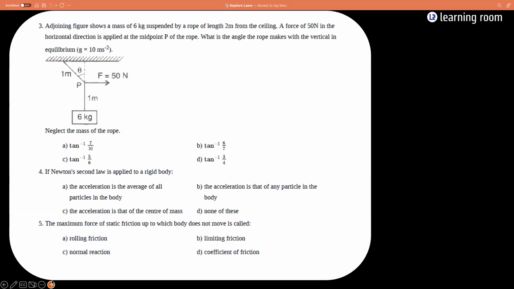This one. Adjoining figure shows a mass of 6 kilograms suspended by rope of length 2 meter. A force of 50 Newton is applied in the horizontal direction at the midpoint. What is the angle the rope makes with the vertical in equilibrium? So there is a tension acting here.